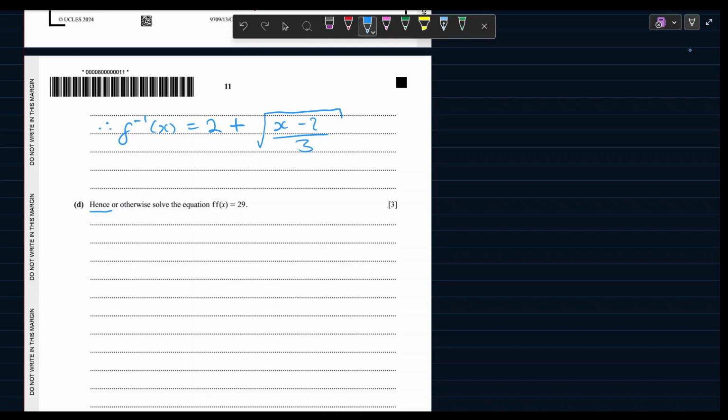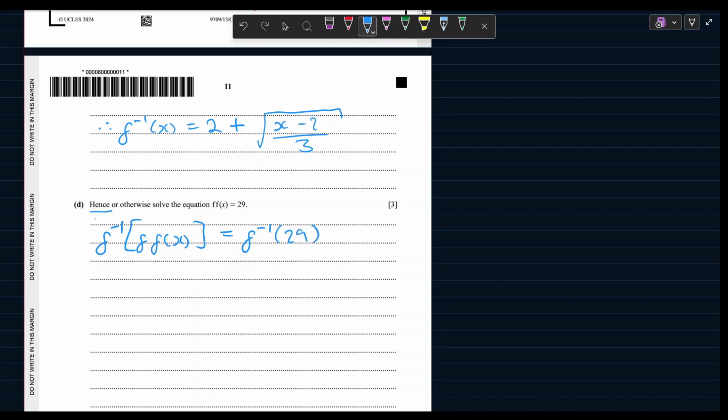So can we use the inverse function to maybe simplify this calculation for us? Yes, we can. So we can apply the inverse function on both sides so that it's f inverse of f of x. And what you do on one side, you do on the other, so f inverse of 29.